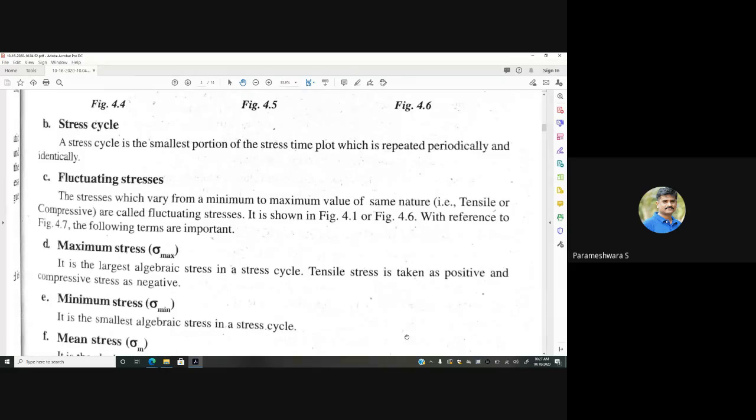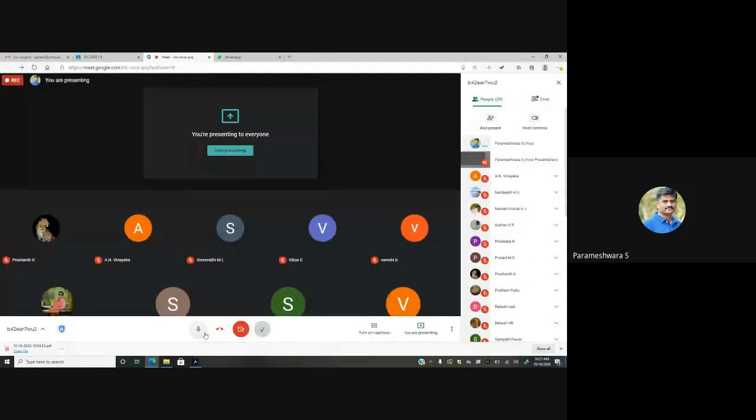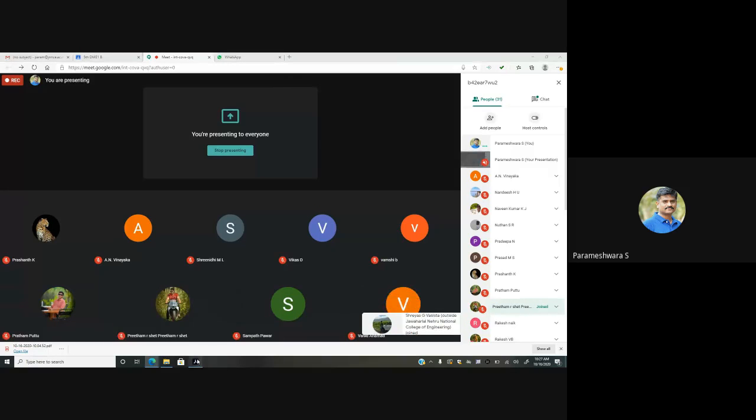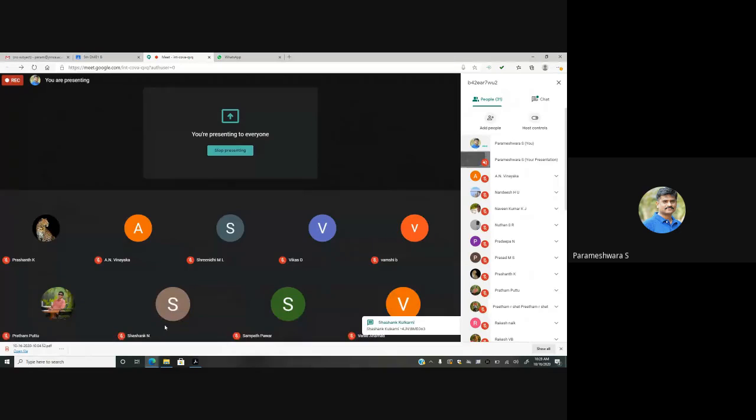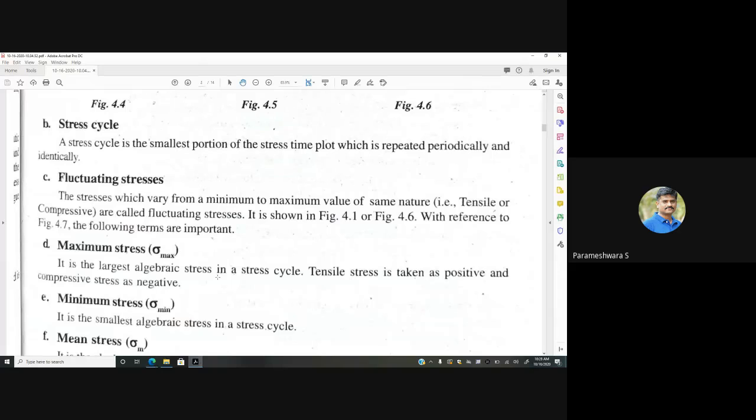Fluctuating stress. The stresses which vary from minimum to maximum value of the same nature.